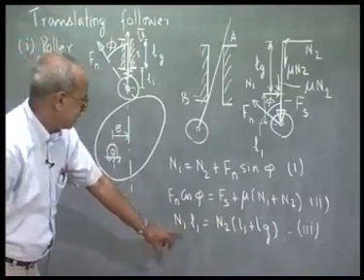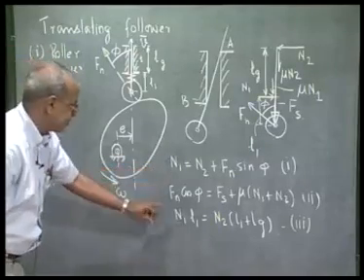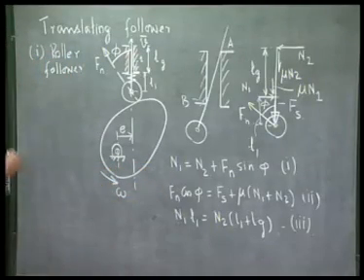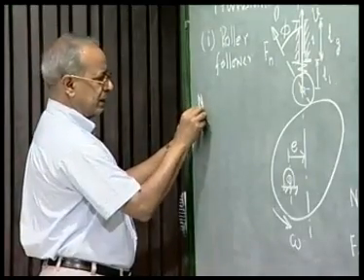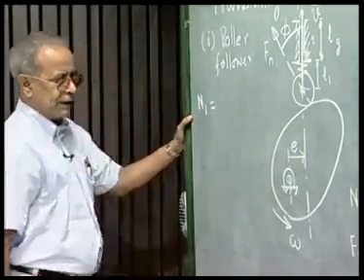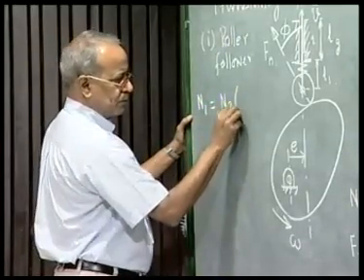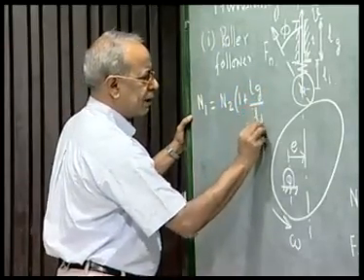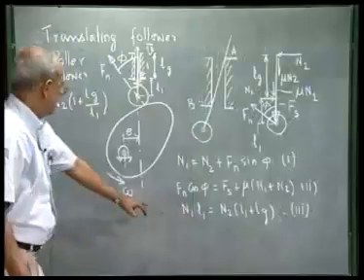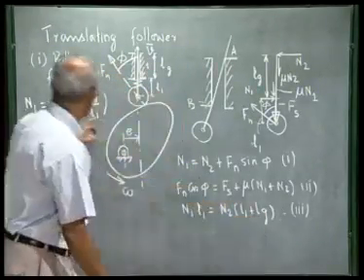So, if I substitute, we can get N1 and N2 from here, solving these two equations, what we get is N1 is N2 into 1 plus Lg by L1, divided by L1.